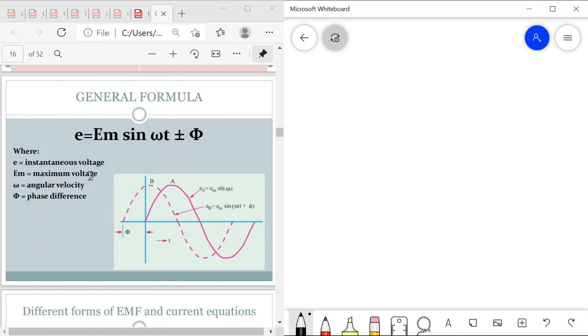Phi. So E is the instantaneous voltage. Em is the maximum voltage, omega is the angular velocity, and phi is the phase difference. So it is positive when it starts at the positive half cycle, and negative if it starts at the negative half cycle.